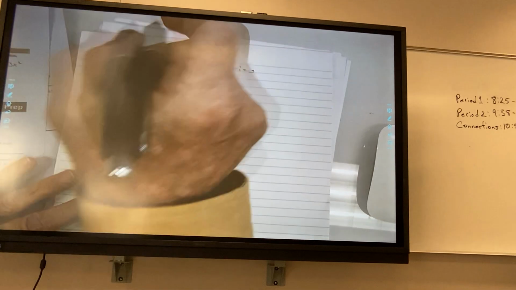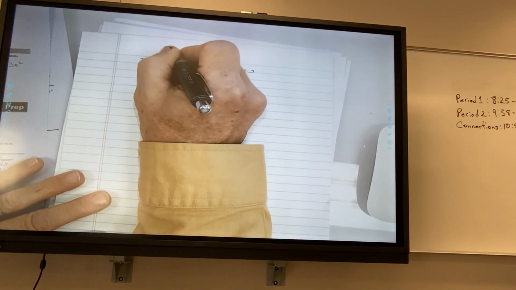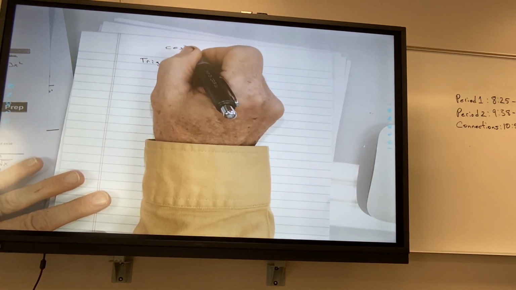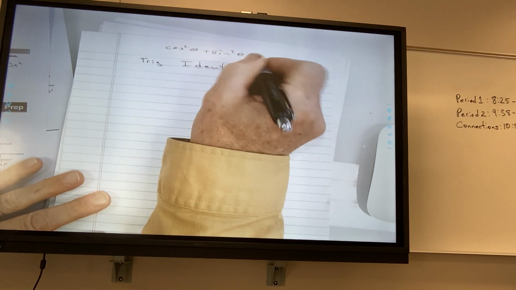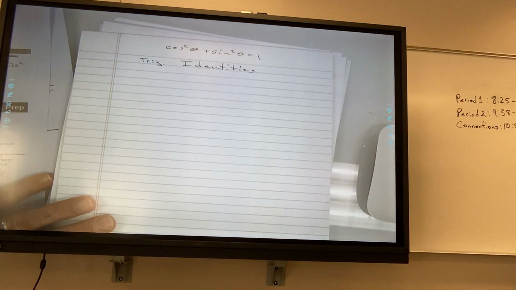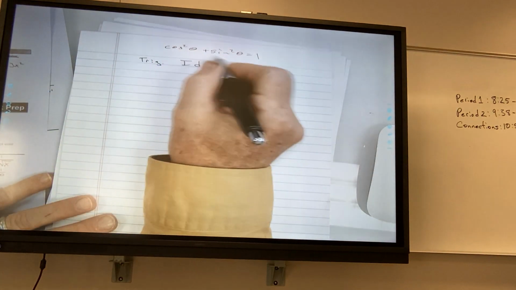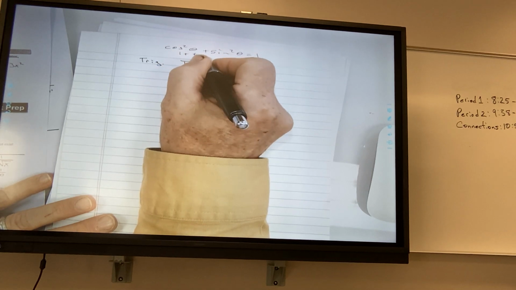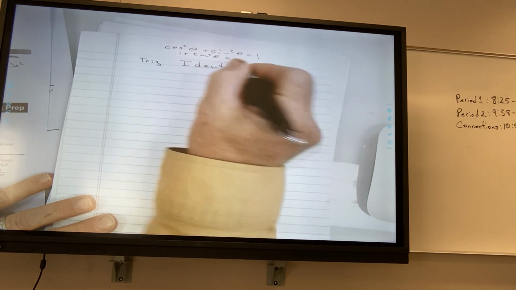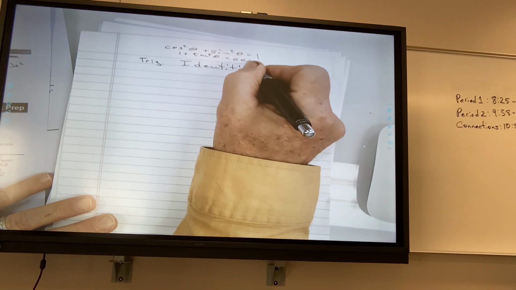In this class, you gotta know this trig identity: sine squared plus cosine squared equals 1. You gotta know that one, okay? That's my favorite one. And then if I divide everything by cosine squared, you should know that one.